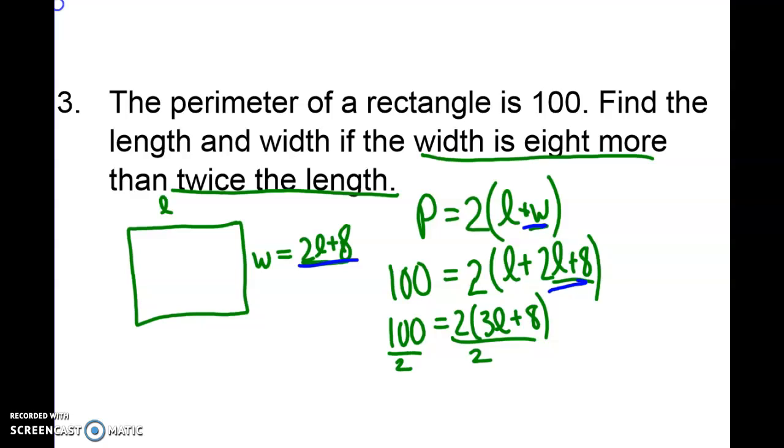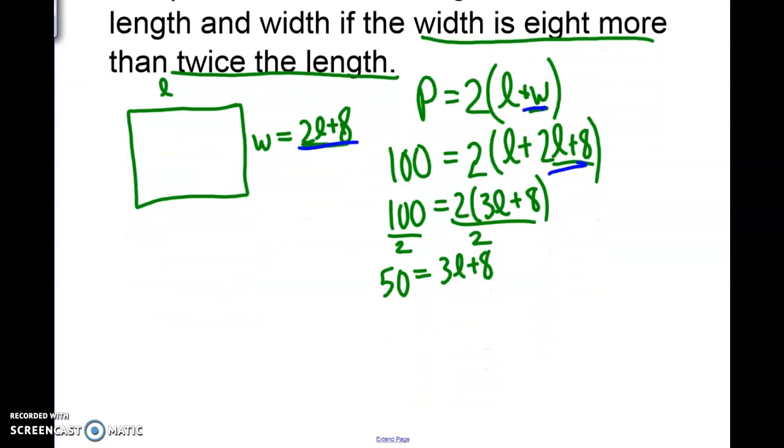I think that's going to make life a lot easier. 50 is equal to 3L plus 8. When I subtract 8 from both sides, I'll end up getting 3L is equal to 42. Divide both sides by 3, and L is equal to 14.